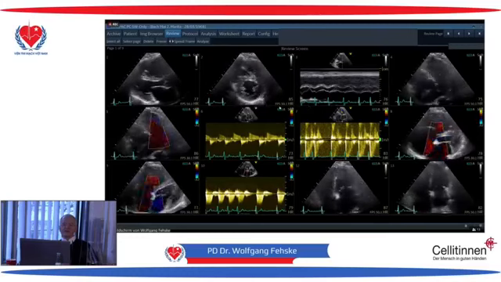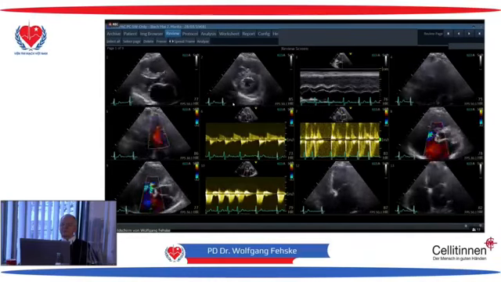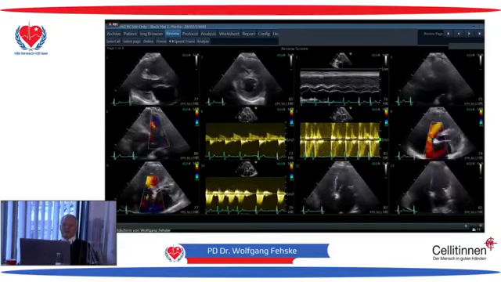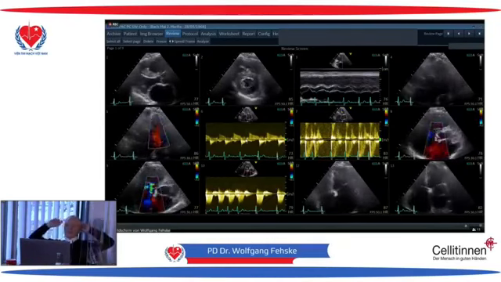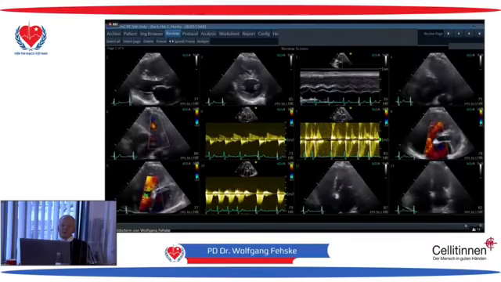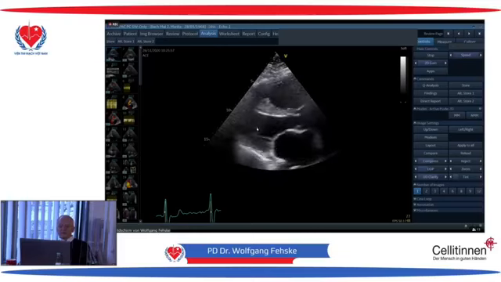She has an absolute arrhythmia, atrial fibrillation. And what is the crucial point in that thick lady with arterial hypertension and atrial fibrillation?